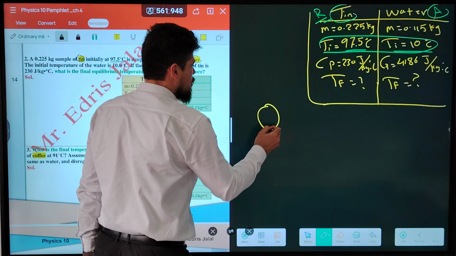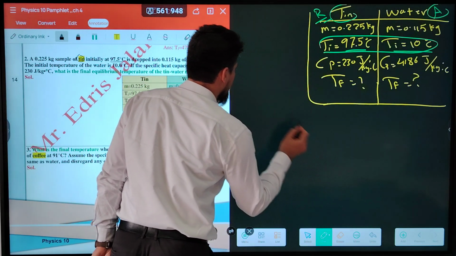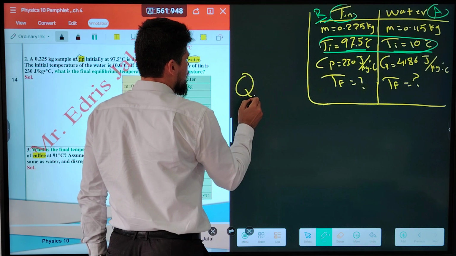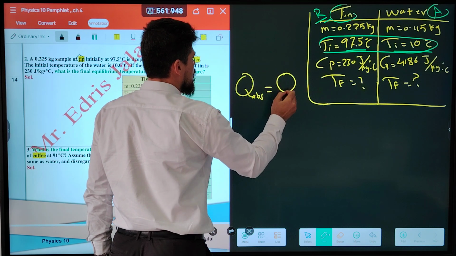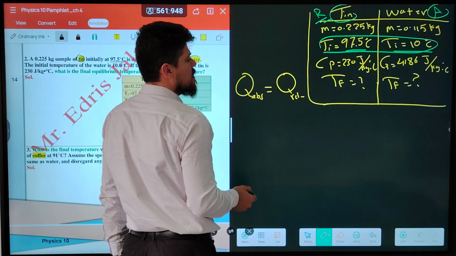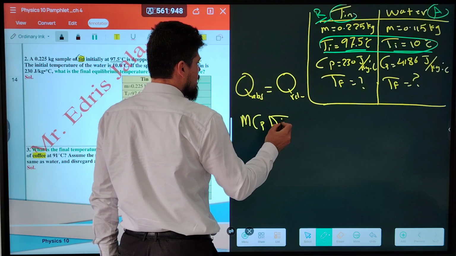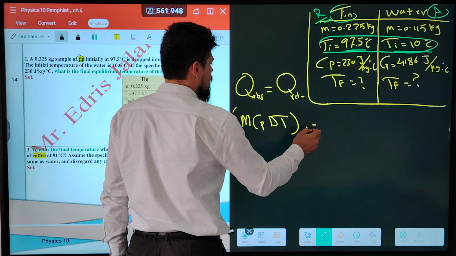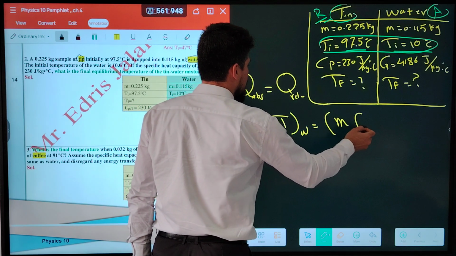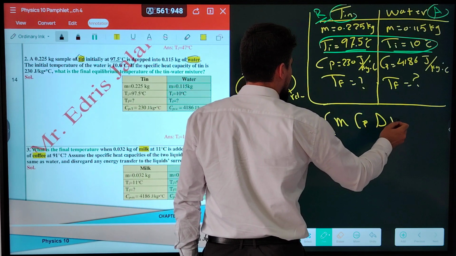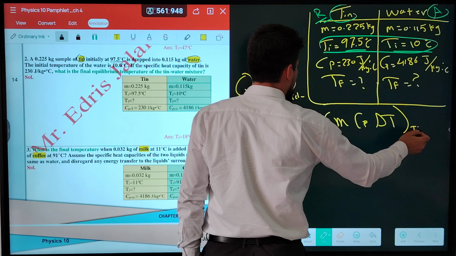Okay. Q, guys, look. Q absorbed by water is equal to Q released by the tin. Q absorbed is equal to mCp delta T for water is equal to mCp delta T for what? For tin.